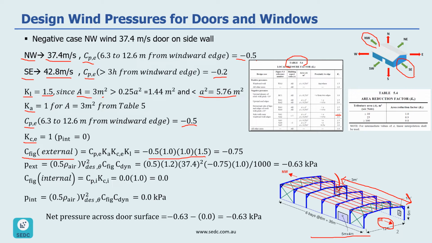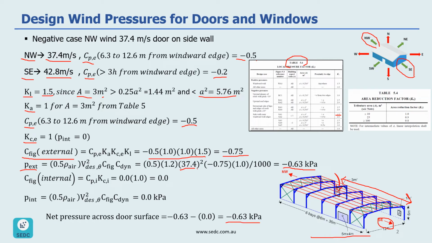So Cfig would be negative 0.75. And as a result, our external wind pressure with design wind speed of 37.4 for northwest direction would be negative 0.63 kPa. Now, combined with the internal wind pressure of 0, our net pressure on the door would be negative 0.63 kPa.